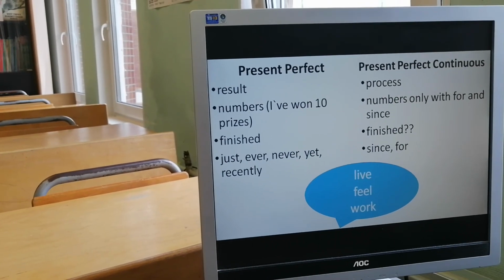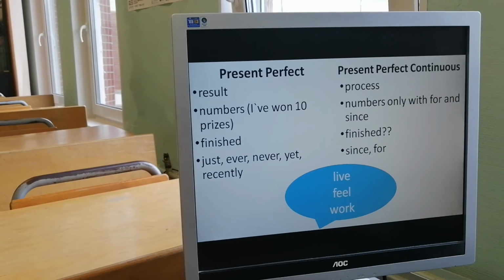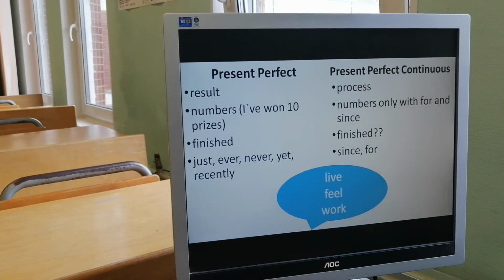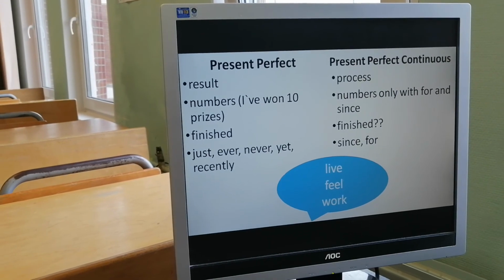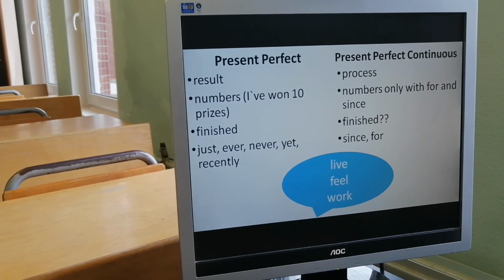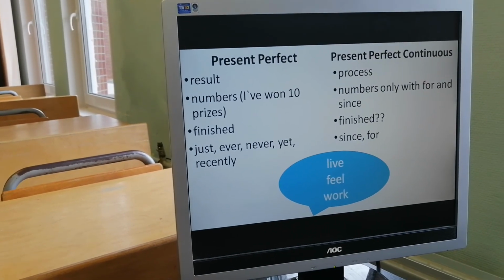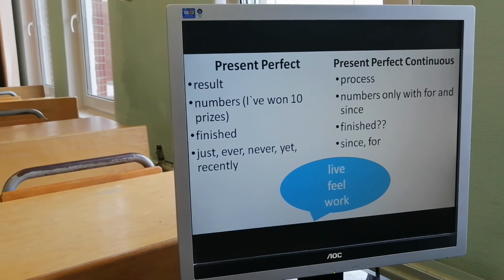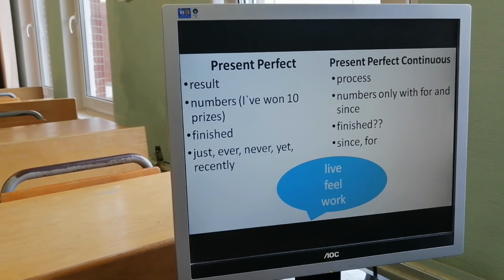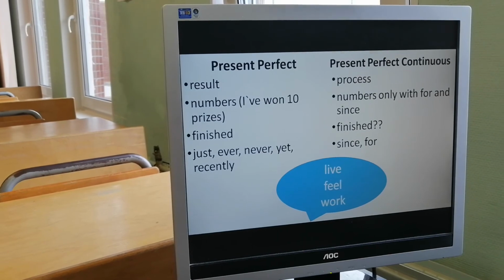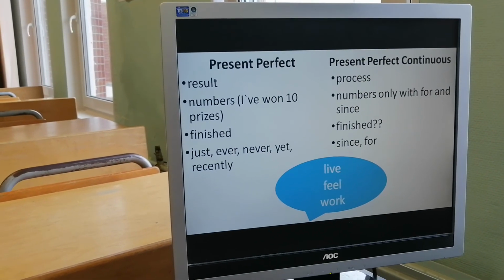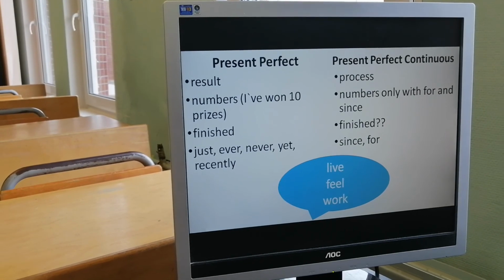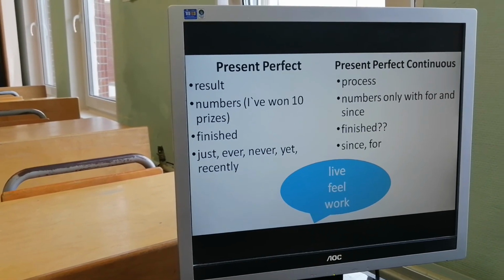So, I have lived here since I was born, and I have been living here since I was born are 2 absolutely the same things. I have been working in this school for 5 years, and I have worked in this school for 5 years are 2 absolutely the same things as well.